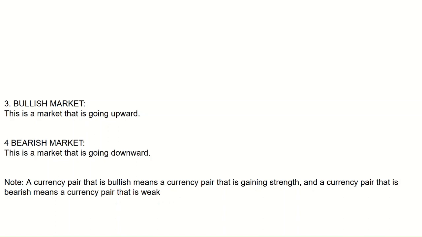It is the currency index of the dollar. If DXY is bullish, it means the dollar is gaining strength. It is very, very strong at that moment. And if DXY is bearish, it means it is weak at that moment. I hope you understand. So in a bullish market, which is going upward, you are going to be buying, which means to long, as I've explained earlier. And in a bearish market, you are going to short, which means you are going to be selling in a bearish market.